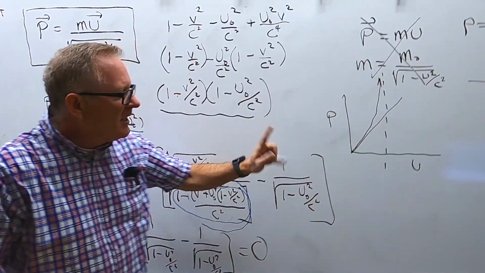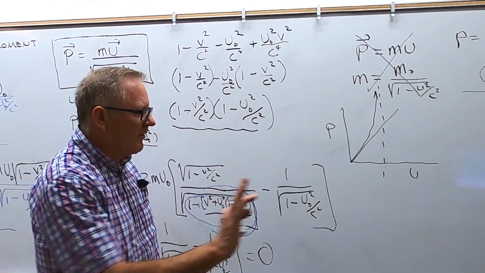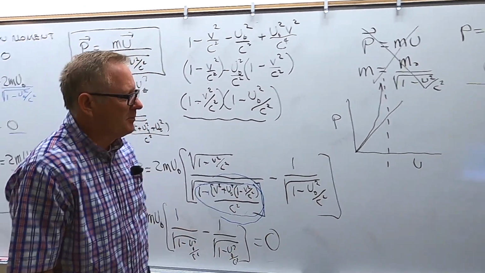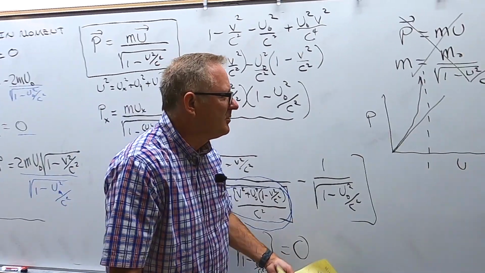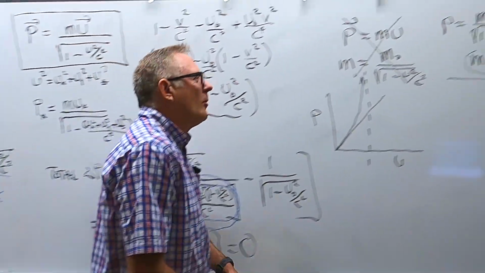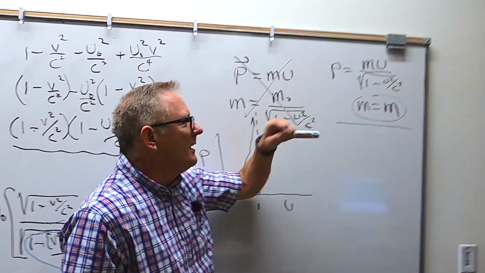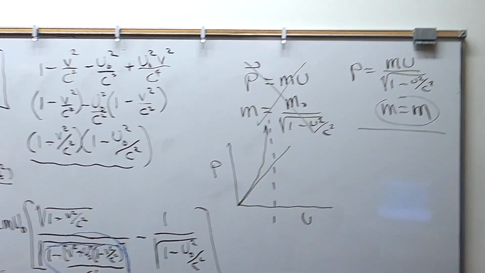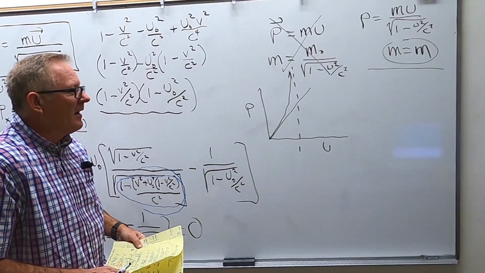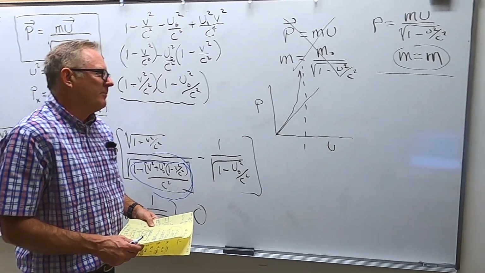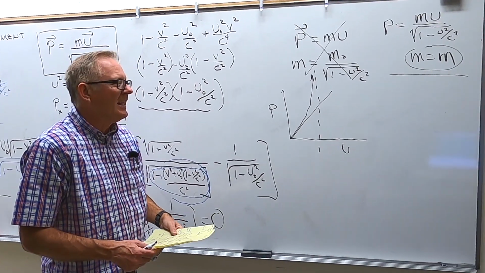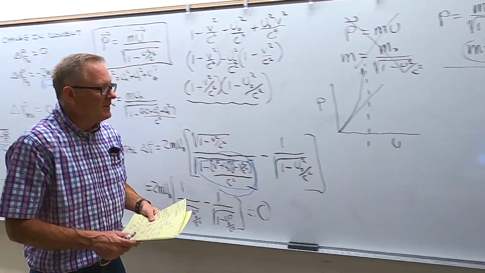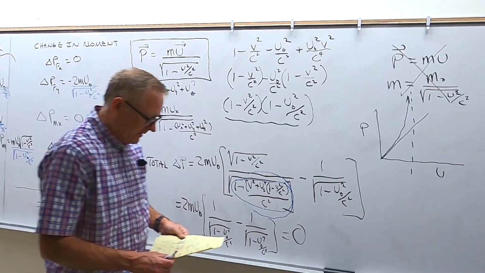So even a constant force on an object forever will never get it up to the speed of light. You'd have so much momentum that you just don't have any force to get it going any faster. So it takes an infinite amount of force to get it up to the speed of light. That's why we can't even get an electron up to the speed of light. It would take an infinite amount of force.